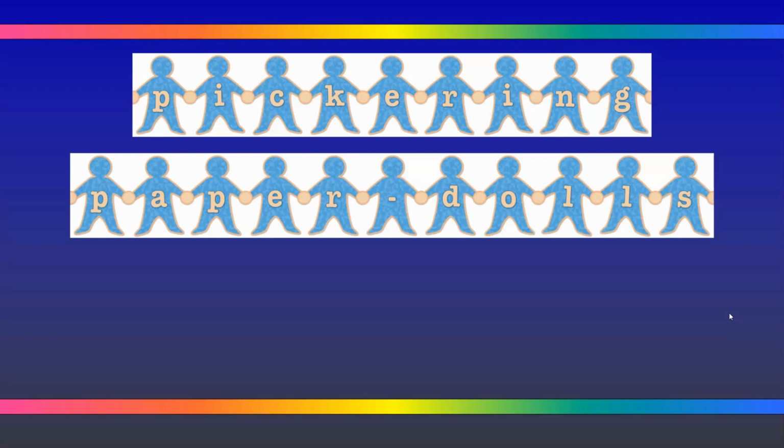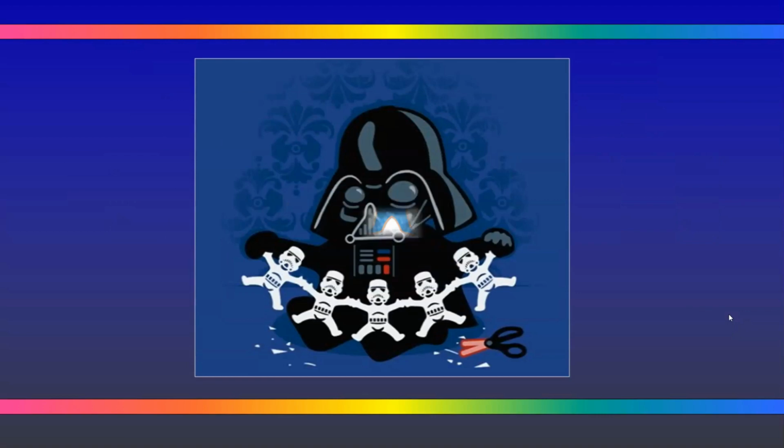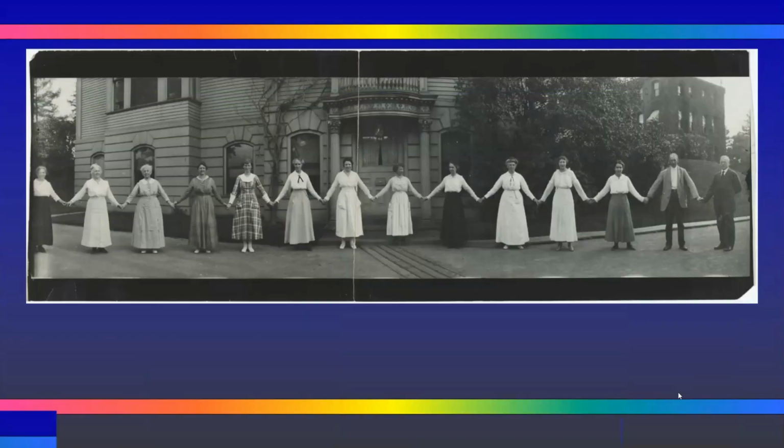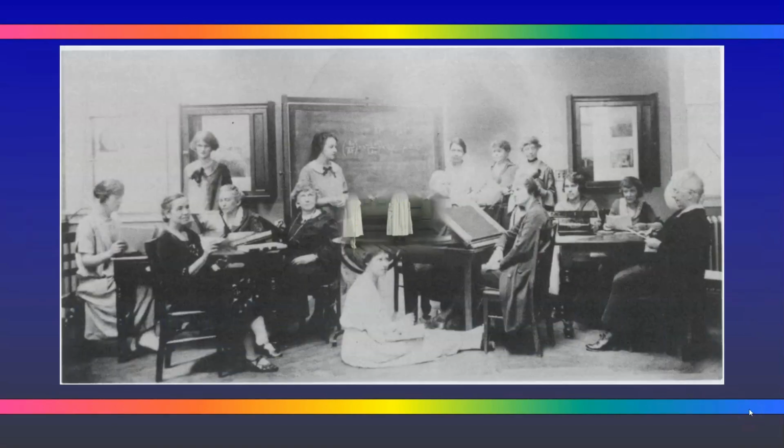You kind of start out the same way as you would make a snowflake, but instead you cut out the outline of a human figure and open it up and you get this lovely chain. Or if Vader were to do it, he might make a chain of troopers. Gotta note the detail of the scissors there. The very famous Pickering paper doll photograph, as it resembles that paper chain of dolls.